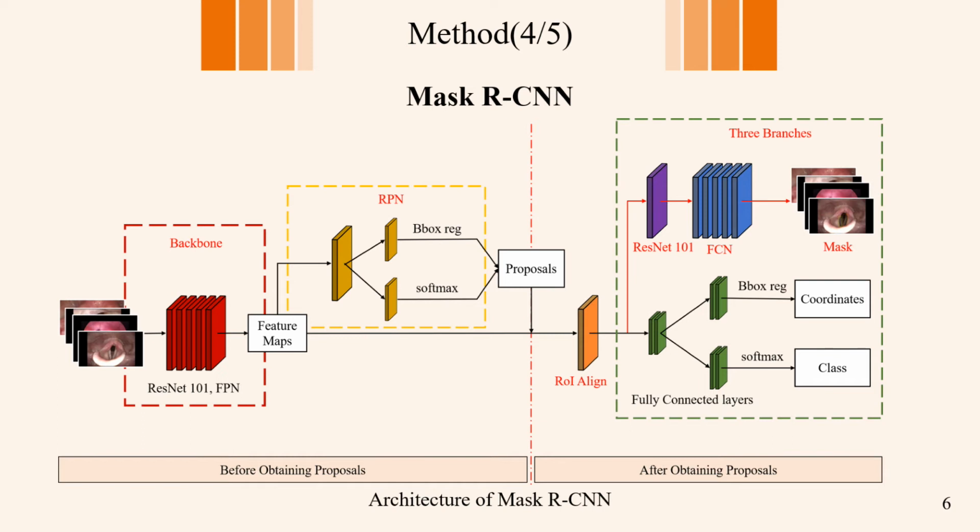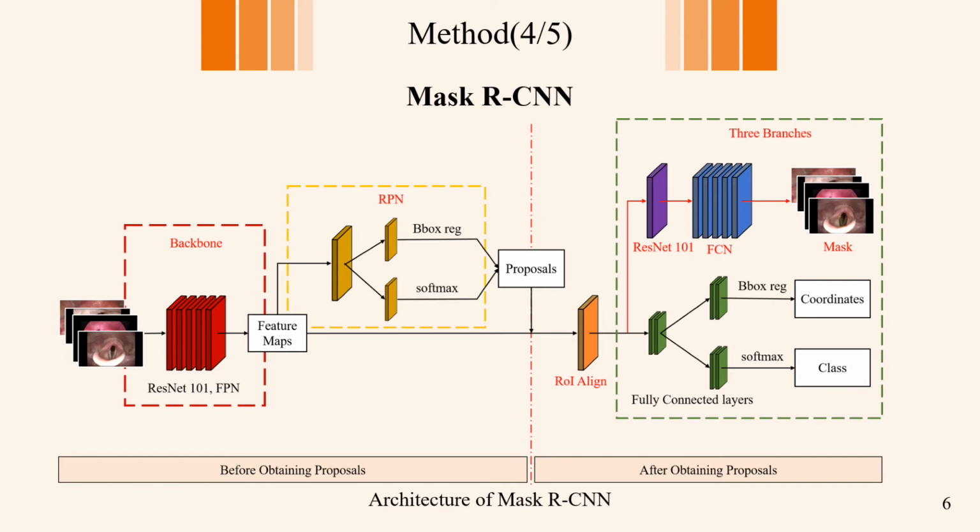The feature maps will then be input into RPN to detect objects, such as vocal folds and glottis, to find out the coordinates and locations of possible objects, which are inferred as proposals. After capturing proposals, the proposals and their corresponding feature maps will fine-tune the proposal's area through the ROI align.